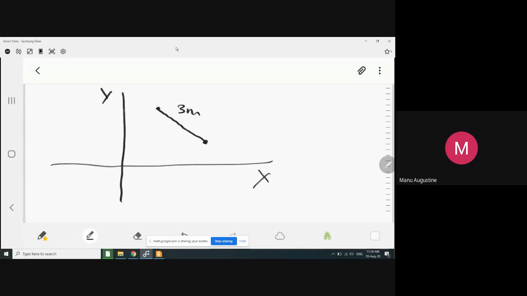Now as it might seem very convenient to many people, you would say that this is the distance of the line from the y-axis and this is the distance of the line from the x-axis, which now you know is absolutely wrong, because you have to take the location of the centroid of the line, which is nothing but the midpoint of the line, and you have to identify the distance of this centroid from the y and the distance of this centroid from the x.